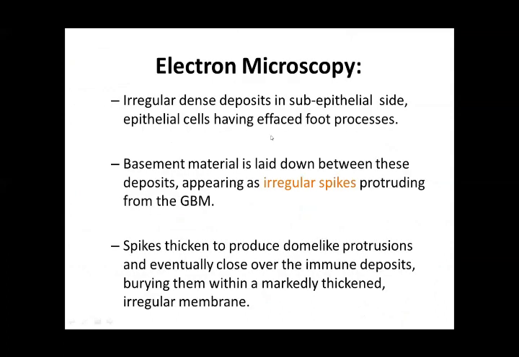and in electron microscopy you see deposits on the epithelial side having foot processes, and basement membrane material is laid down between these deposits, having irregular spikes protruding from the glomerular basement membrane. Spikes thicken to produce dome-like protrusions and eventually close over immune deposits, burying them within a markedly thickened irregular membrane.